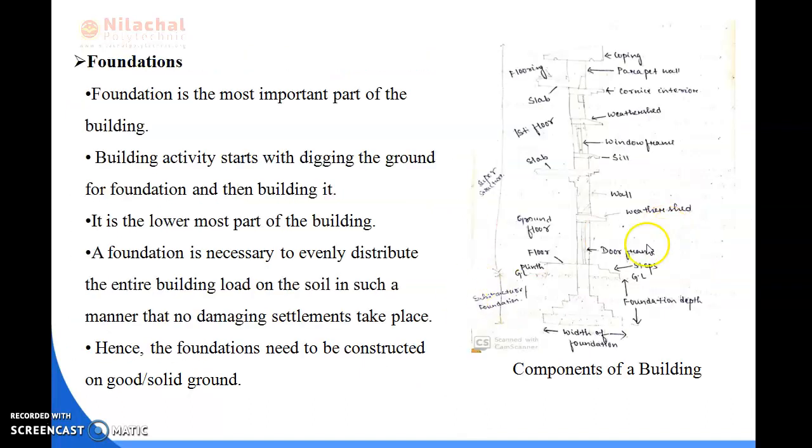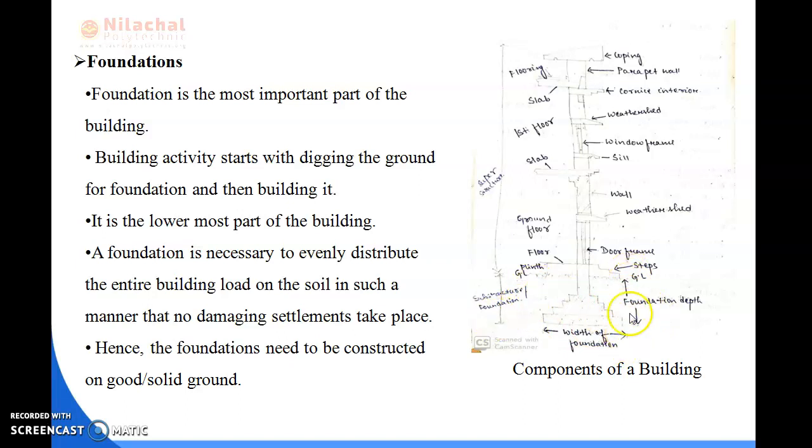So here I have already shown you the diagram of the components of the building. Here you can see this is the substructure, this one is the superstructure of a building. Okay. You can see here it is the foundation, the substructure.